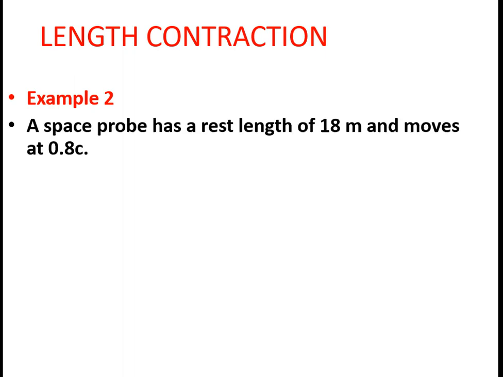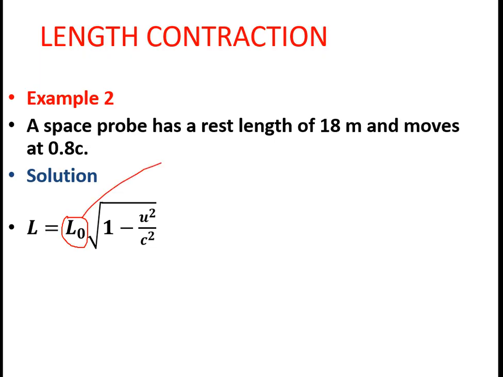Example 2: a space probe has a rest length of 18 meters and moves at 0.8 c. For us to find the observed length, we use this equation. Please try it. Where you have L naught, substitute the value 18, and where you have u, substitute this.